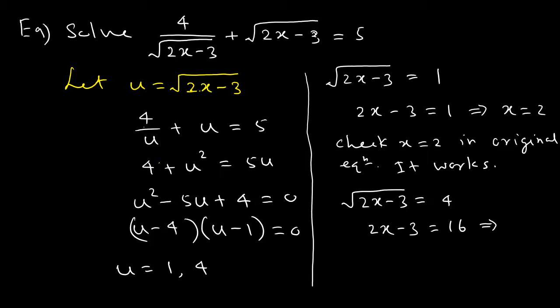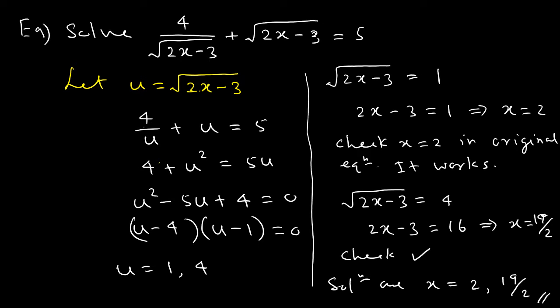So 3 goes to the other side, giving 19, so x equals 19 divided by 2. We can check, and we can see that it works. So the solutions are both x equals 2 and 19 divided by 2. Those are the two solutions.